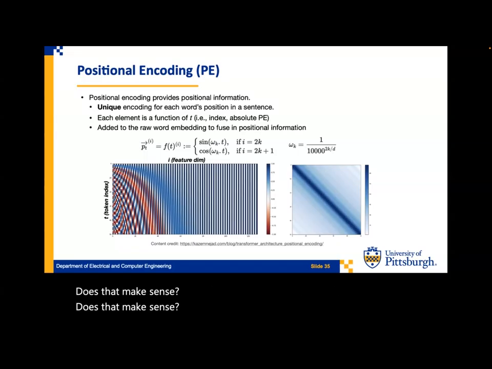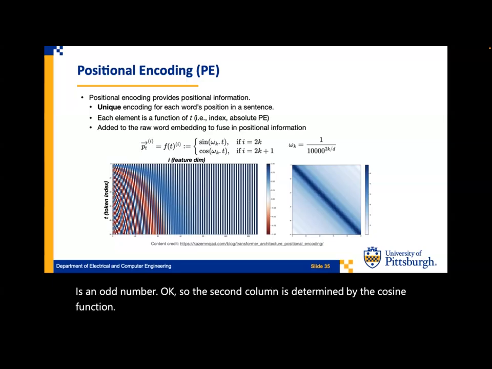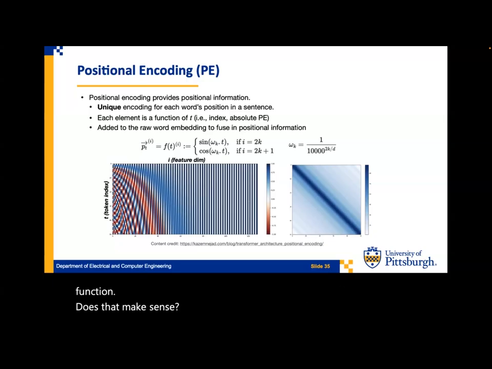And then the second column is determined, because i is an odd number, by the cosine function. Does that make sense? And the frequency is still the same, which is wk.